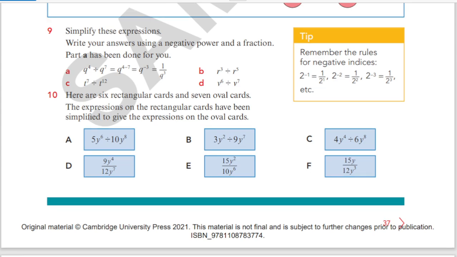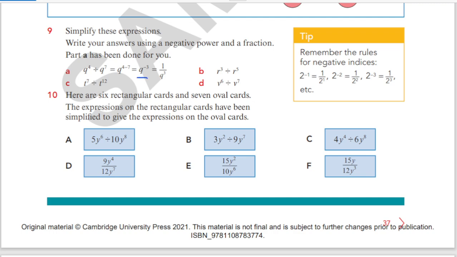Now we'll move to question number 9. Simplify these expressions. Write your answer using a negative power and a fraction. Part A has been done for you. In this question they are saying you have to express first in negative power, then you have to express in fraction. Suppose 4 minus 7 will be q power minus 3. Now they already showed it in negative form.